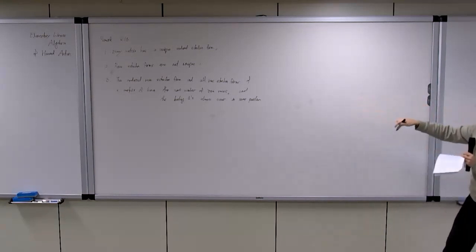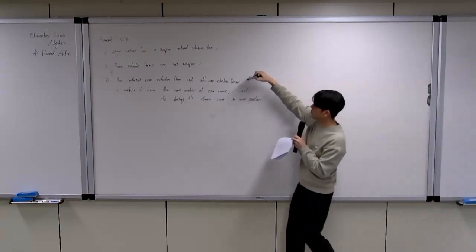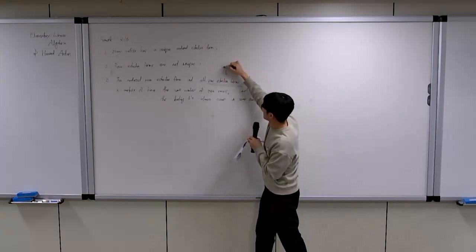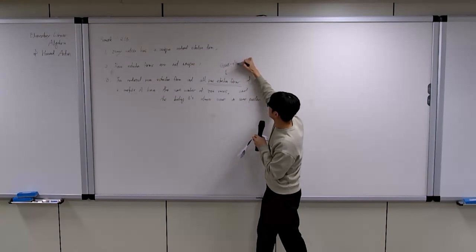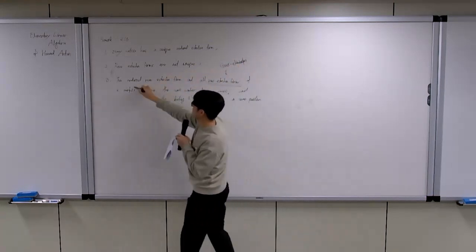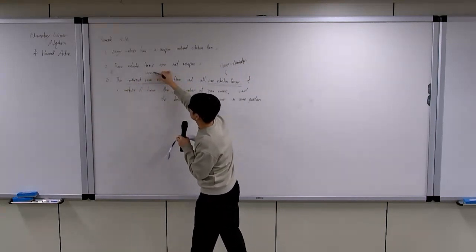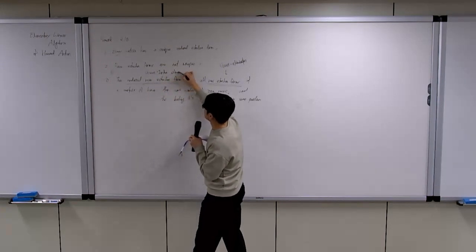To be specific, I will explain more about the third one. The row echelon form just uses Gauss elimination, and the reduced row echelon form uses Gauss-Jordan elimination.